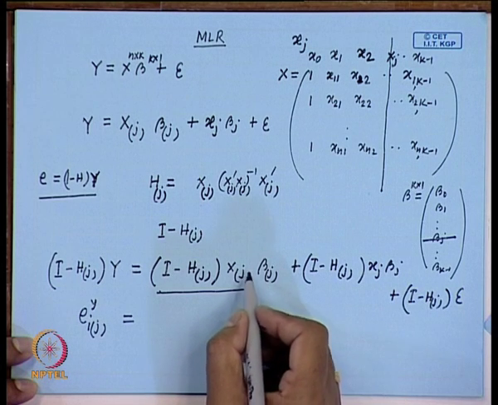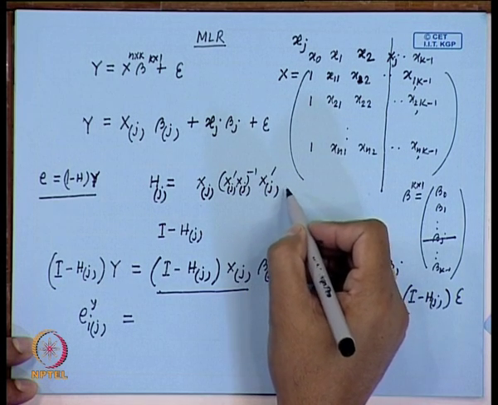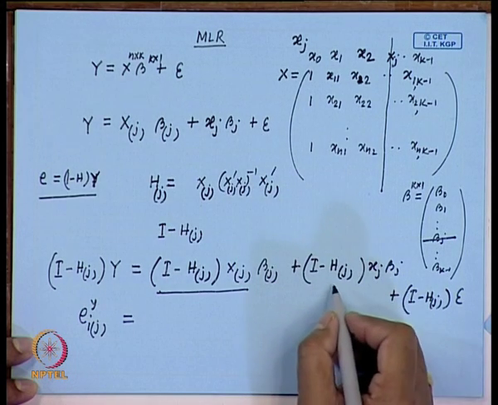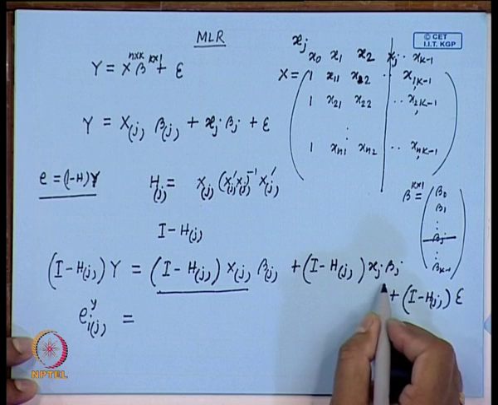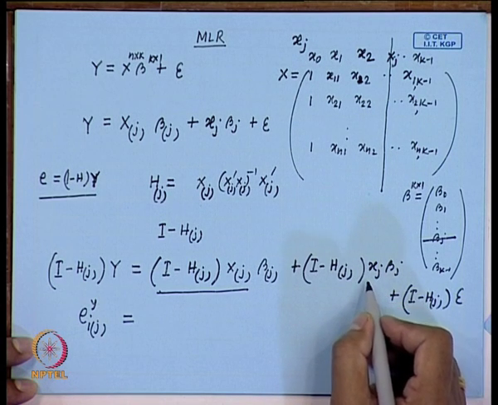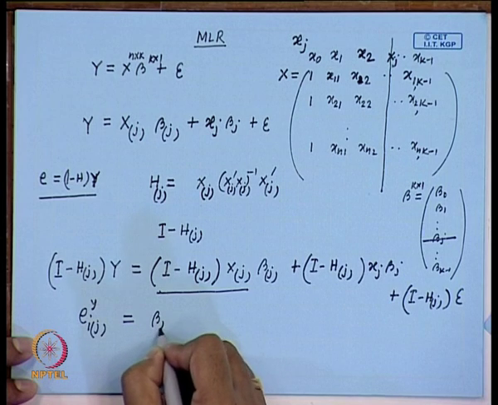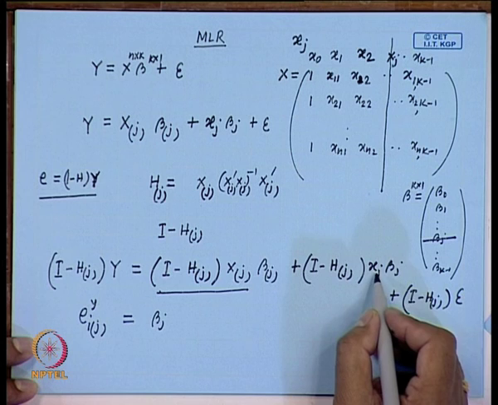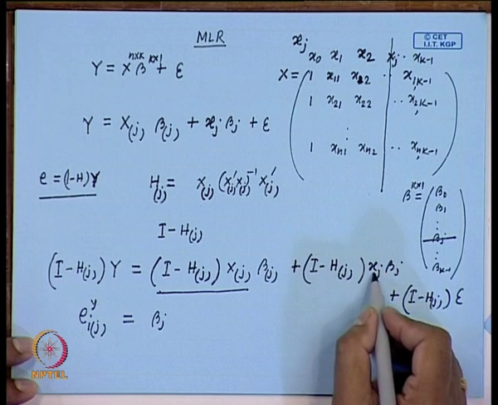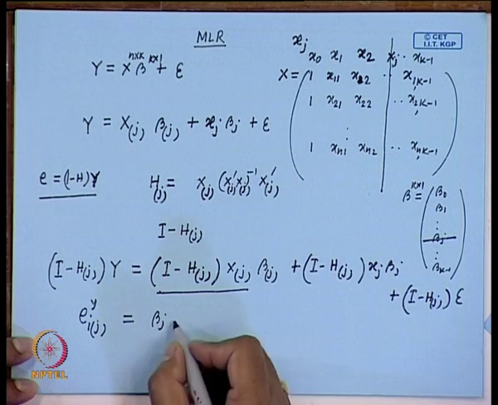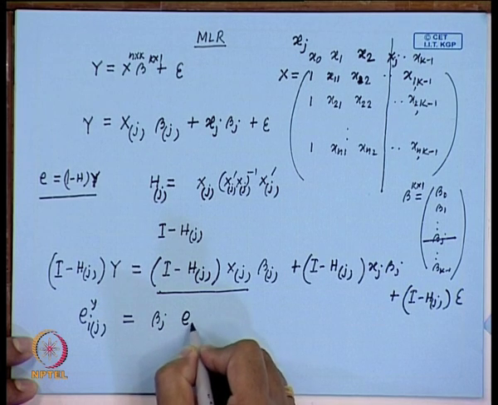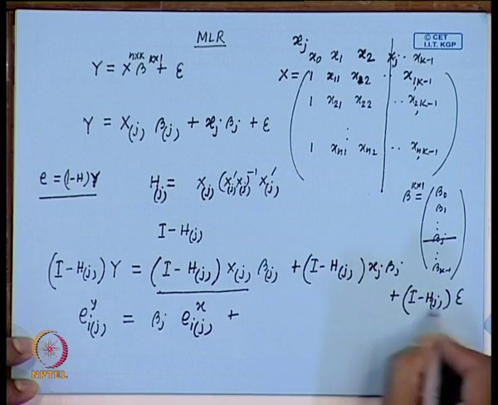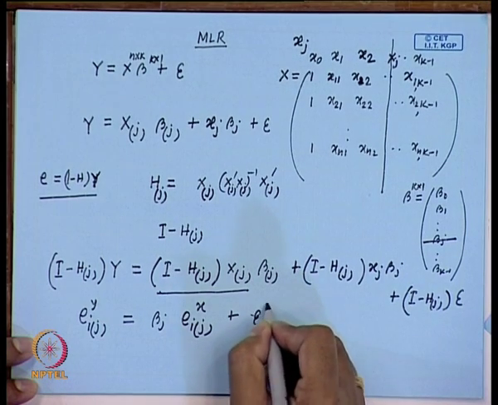This is 0 because if you multiply x_j here, these two will cancel out, giving x_j minus x_j basically. And this one, according to our notation, is β_j times the residual obtained when x_j is regressed on the remaining regressors. So this is e_{x_j|j}, and I call it epsilon star.